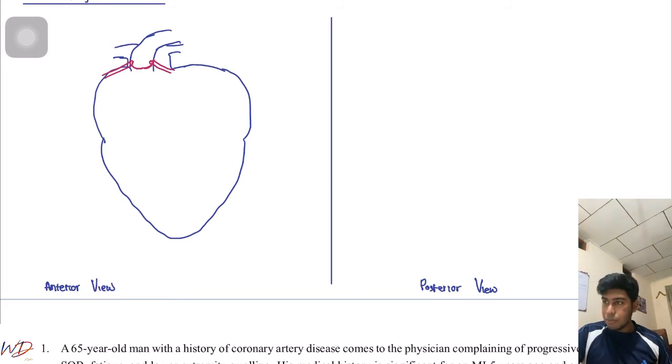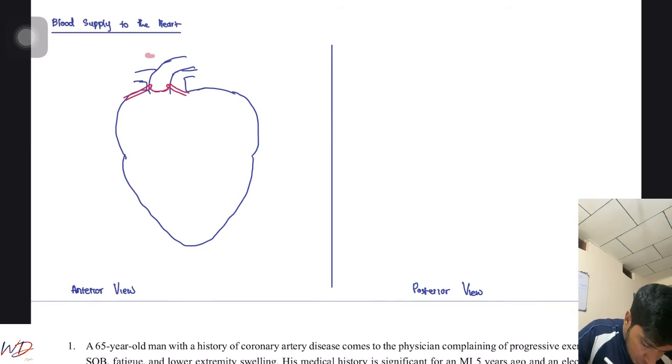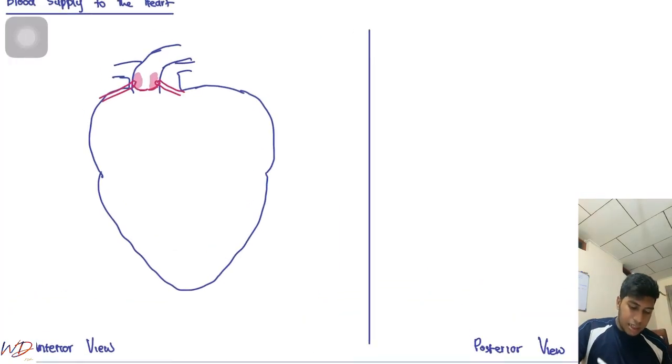Now, why is that important? This region is where blood will come out first, and blood enters into this sinus, this region. It's a sinus, and from there it will enter into the coronary arteries, right and left.